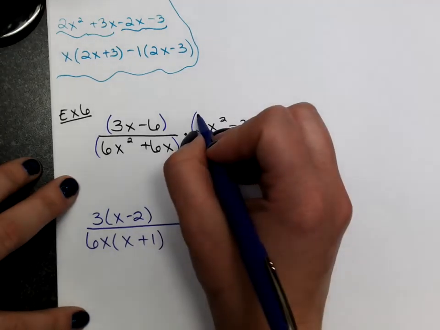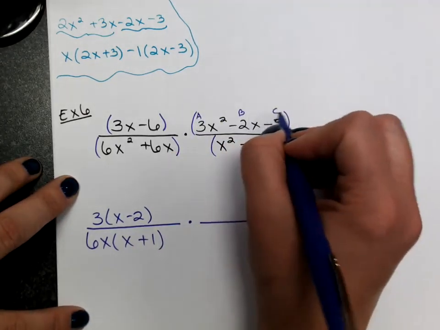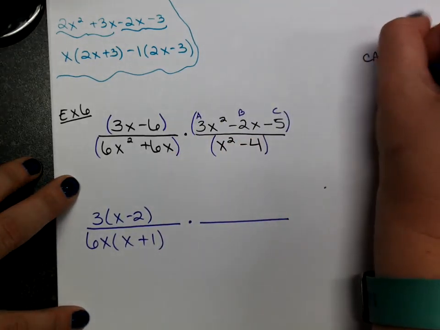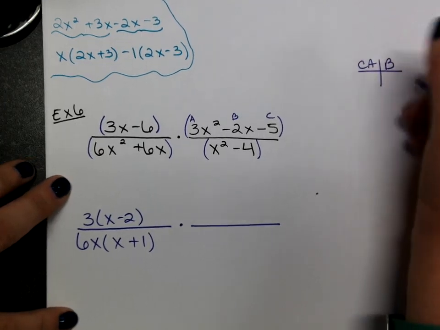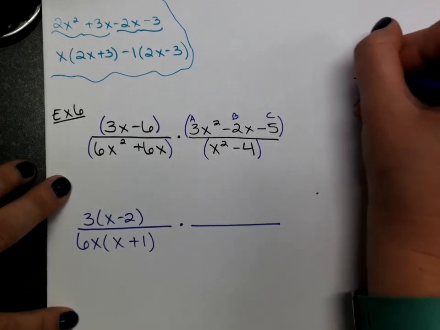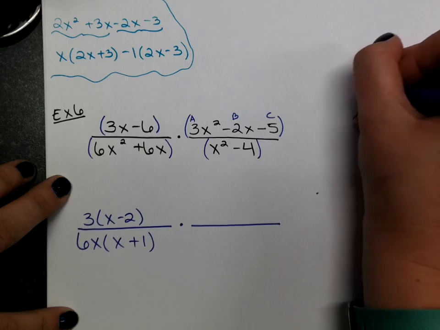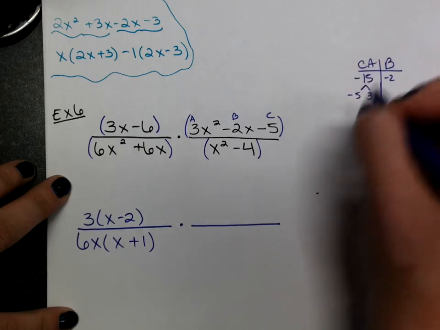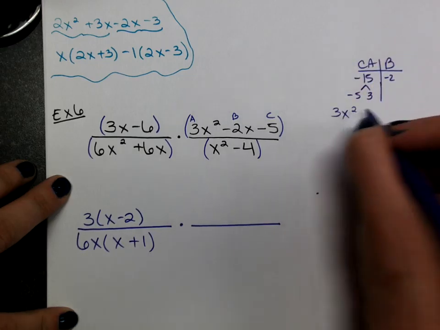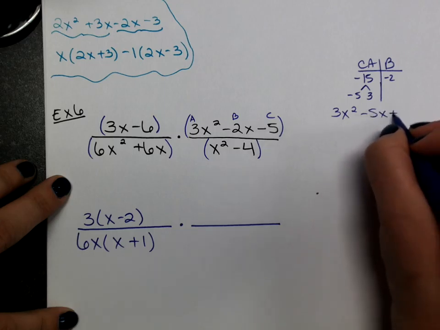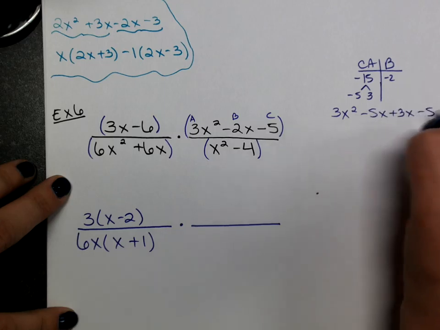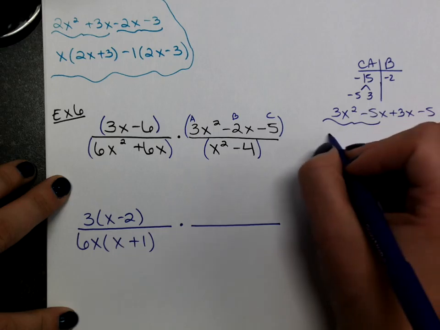Top of the second one requires factoring, a, b, c. I'm going to make my little table off to the side. 15 and 2, 5 and 3. Split my middle term. You don't have to do this quickly, but you should be efficient at this. Then grouping.